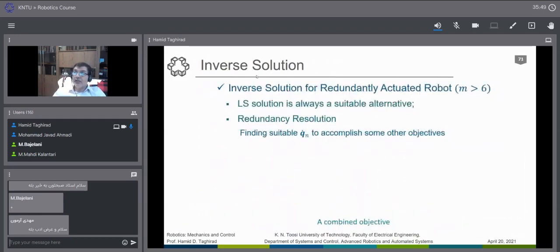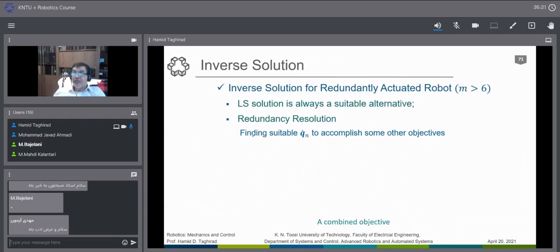The inverse solution for a redundantly actuated robot, the least square solution, is always the first and basic solution if we don't have any other objective in mind. But if you have some other objective in mind, we call it redundancy resolution.